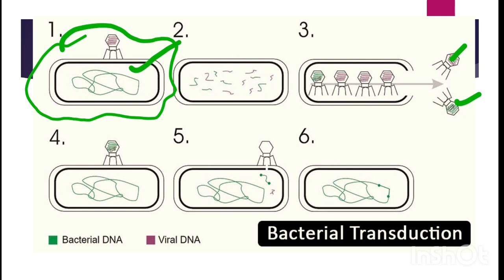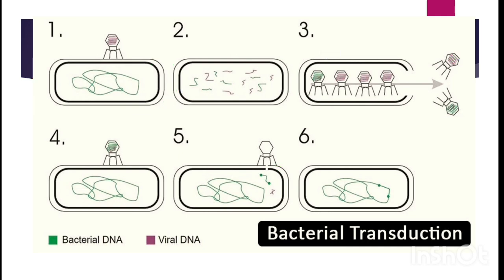Next, step 4: the bacteriophage having bacterial DNA again infects another bacteria and injects that piece of DNA into its body. Then that piece of DNA gets integrated with the new bacterial DNA. In this way genetic recombination occurs in bacteria by the process of transduction. It is a very special type of pathway.